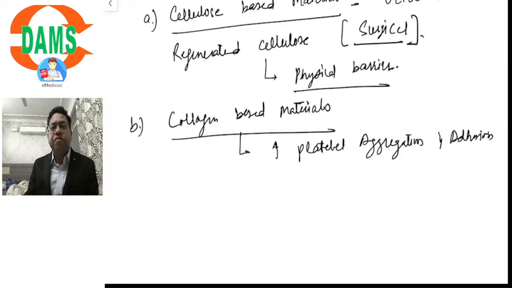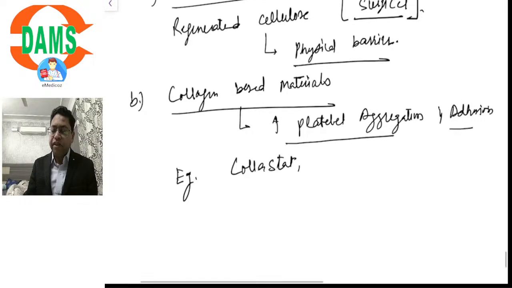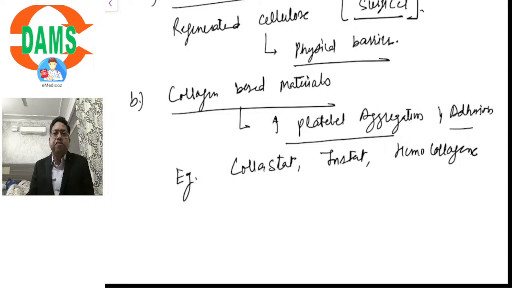So these collagen-based materials that are resorbable also stimulate platelet aggregation and adhesion. Examples of collagen-based materials are Colastat, Instat, and Hemocollagen. These are collagen-based materials.